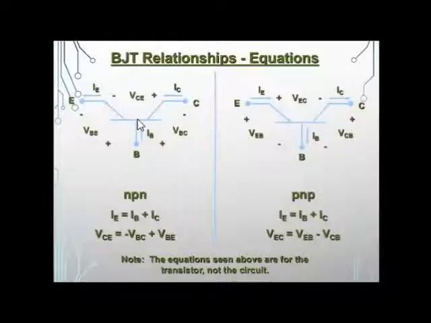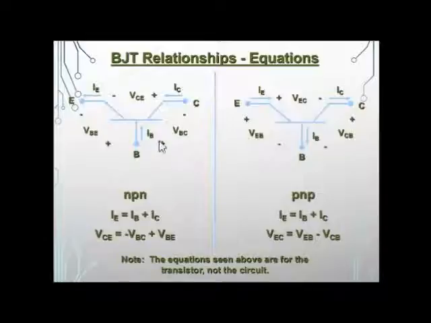By using Kirchhoff's current law, IE equals IB plus IC for this NPN transistor, and for the PNP transistor also IE is IB plus IC, but the only difference is the direction of current. The direction is marked as follows.